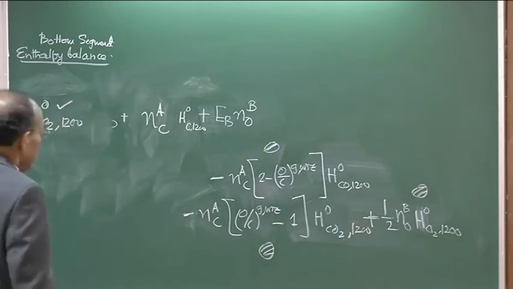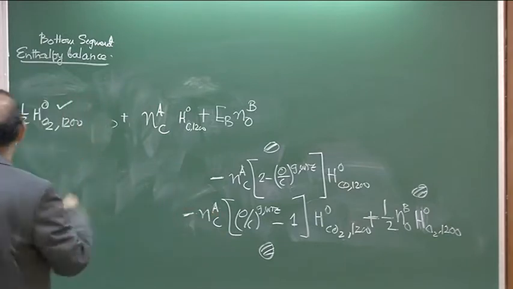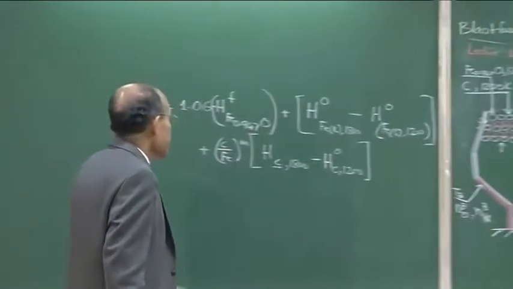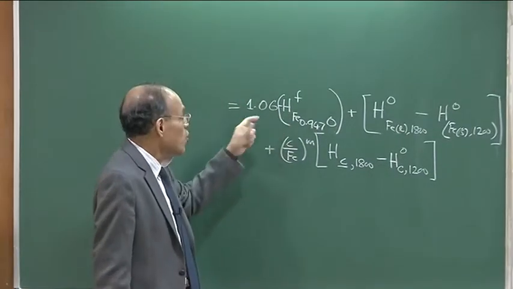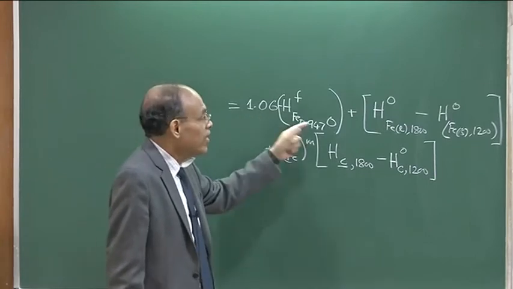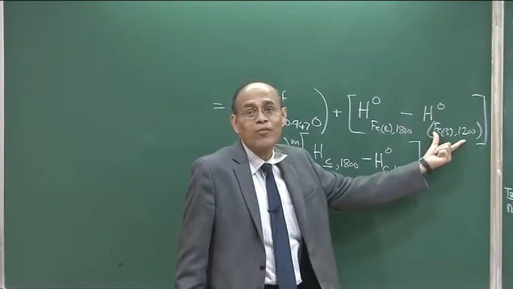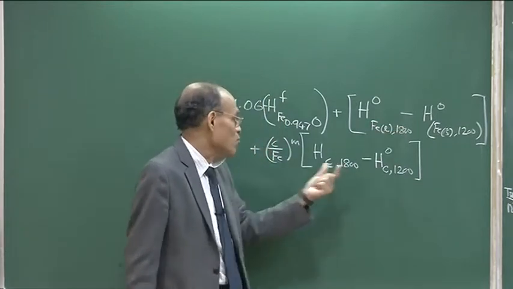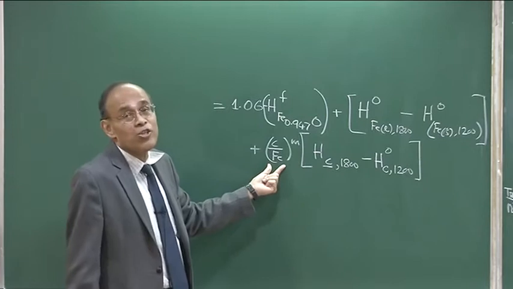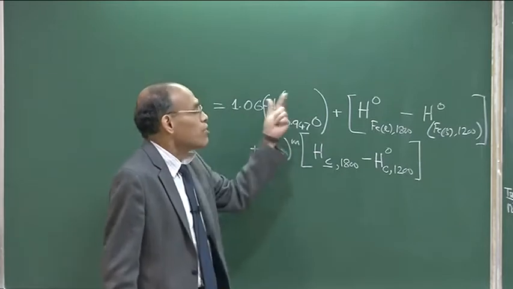So, now if we look at this, let us first address this. Since the heat of formation is negative, this value will come out to be a positive quantity. This is at 1800 degree centigrade, this is at 1200 degree centigrade, this is also positive. Similarly, this is 1800, this is 1200, so this is also positive. C by FEM is already known to us, so this is a positive quantity.